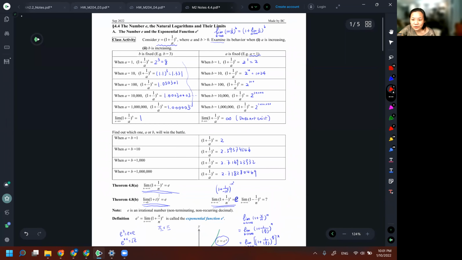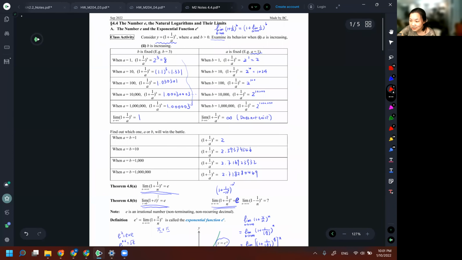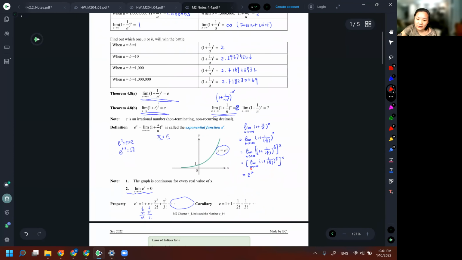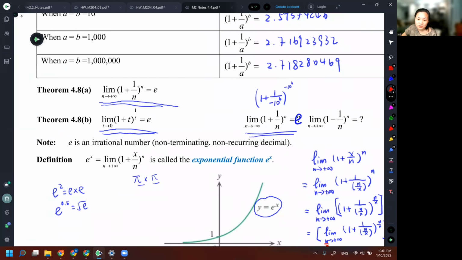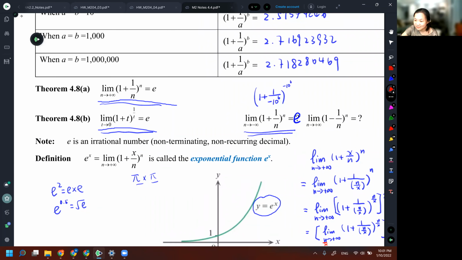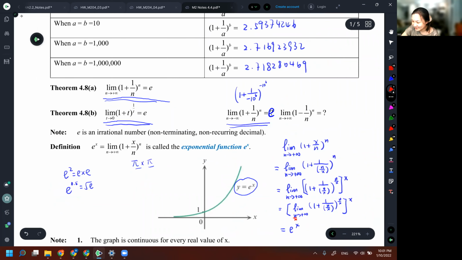In the textbook, you are supposed to know where E is coming from and also make use of 4.8a, 4.8b, and according to my experience, you should also maybe note 4.8c, this one.